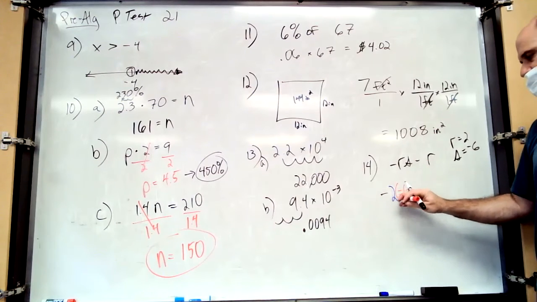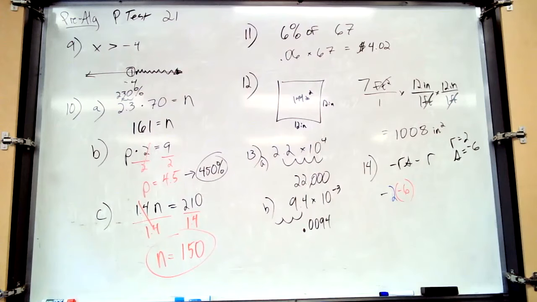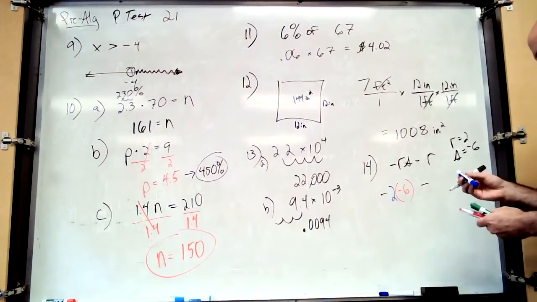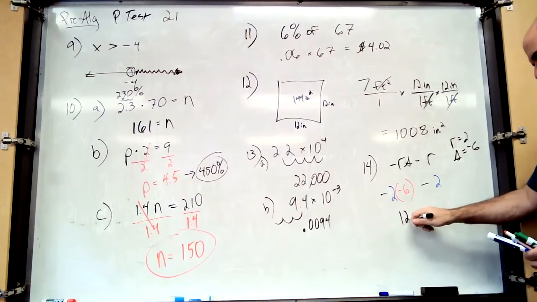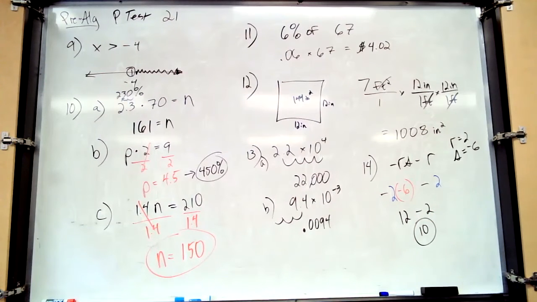If your variable is negative, then put it in parentheses. So now it's negative 2 times negative 6. What's negative 2 times negative 6? Positive 12. So you got 12 minus 2, which is 10. Okay? Questions? Can you handle that?